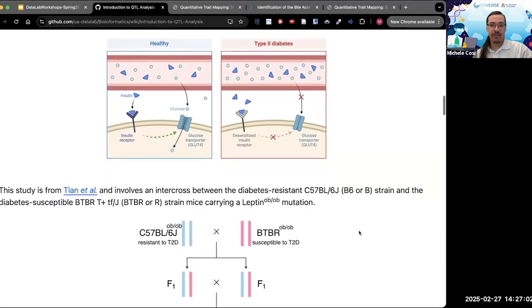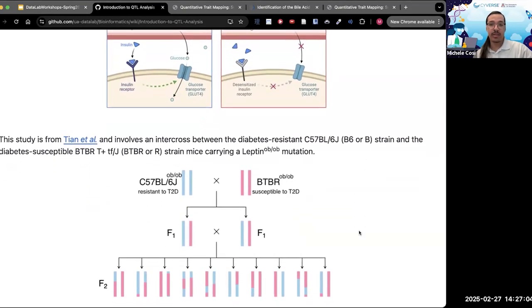The study itself is looking at a resistant strain of mice and a strain of mice susceptible to type 2 diabetes.